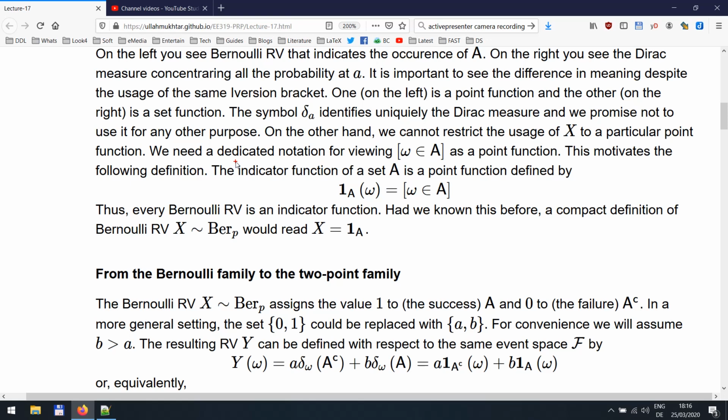So it's an indicator of the event A. We will use the notation 1A of omega, because 1A is a function and it applies to omega. And 1, remember, is the bold one, so not to be confused with the number. 1A of omega will give me 1 if A has occurred, otherwise it will give me a 0, which means that A has not occurred.